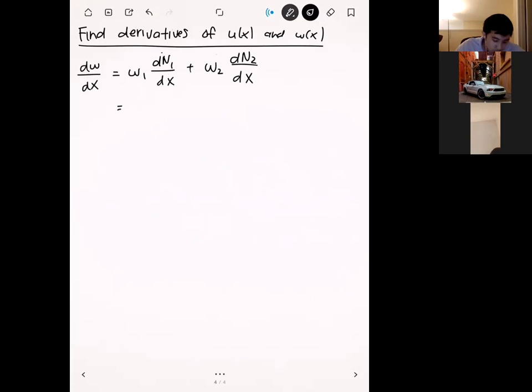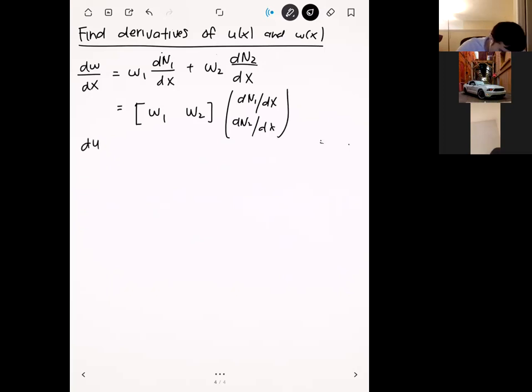And then we're going to put this in vector form, and so this is going to be w1 w2 times dn1 dx, dn2 dx. Okay. And then same thing for du dx.